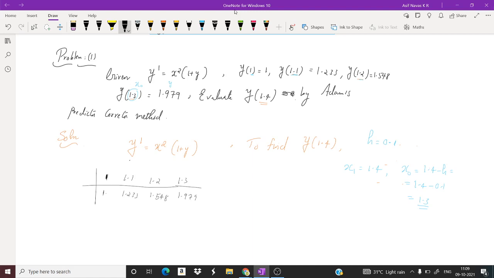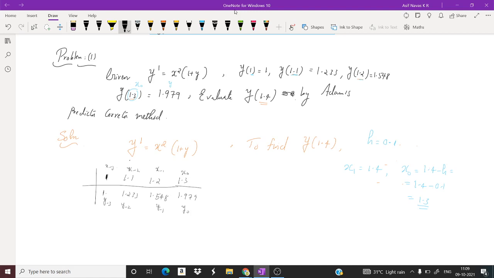So these are x minus 3, x minus 2, x minus 1, x naught, and these are y minus 3, y minus 2, y minus 1, y naught.